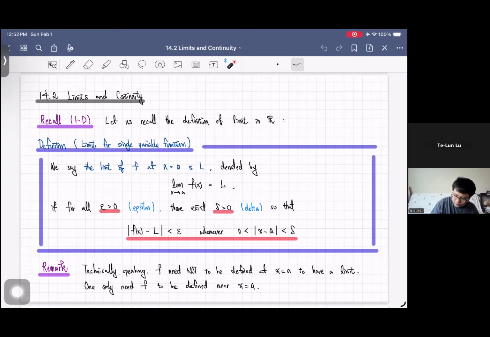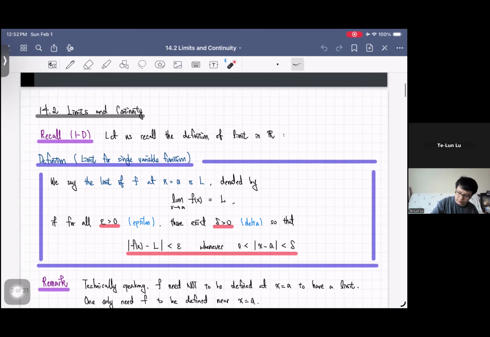All right. Another small thing to notice here is that I add a condition here, which is 0 strictly less than |x minus a|. So basically that just means that x is not a, right? Because the absolute value is always non-negative. So why do I add that condition? That means that technically speaking, we don't have to define f at the point a to get a limit. So what I'm saying is that all of this concept only depends on the behavior near the point a instead of a itself.